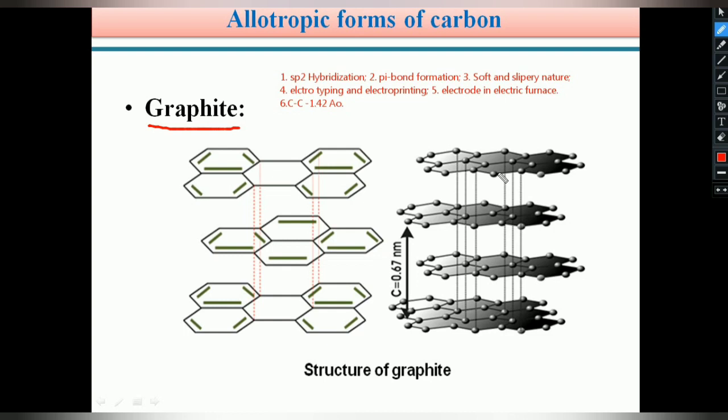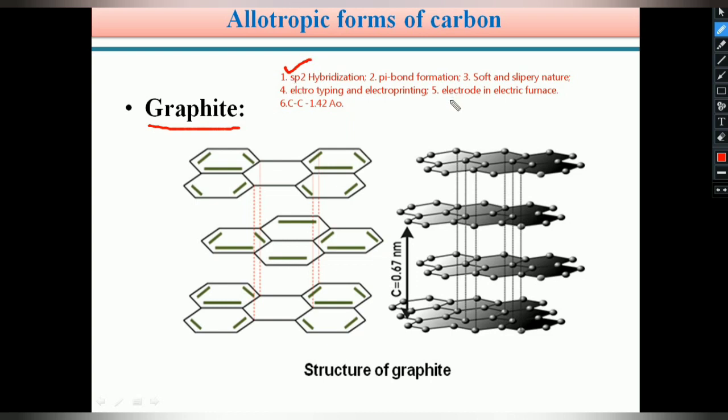Whereas in diamond, each carbon forms four single covalent bonds with four other carbon atoms. But in graphite, each carbon is attached to three other carbon atoms. The hybridization of carbon in graphite is sp2, whereas in diamond it is sp3.